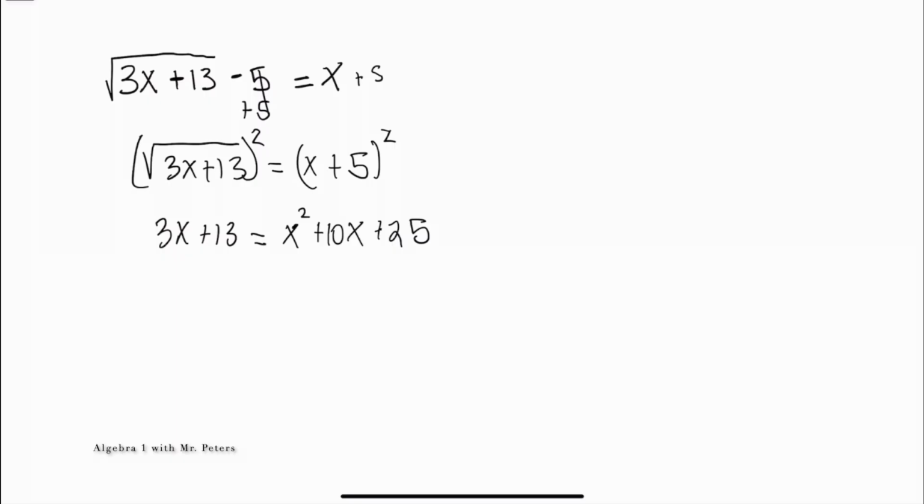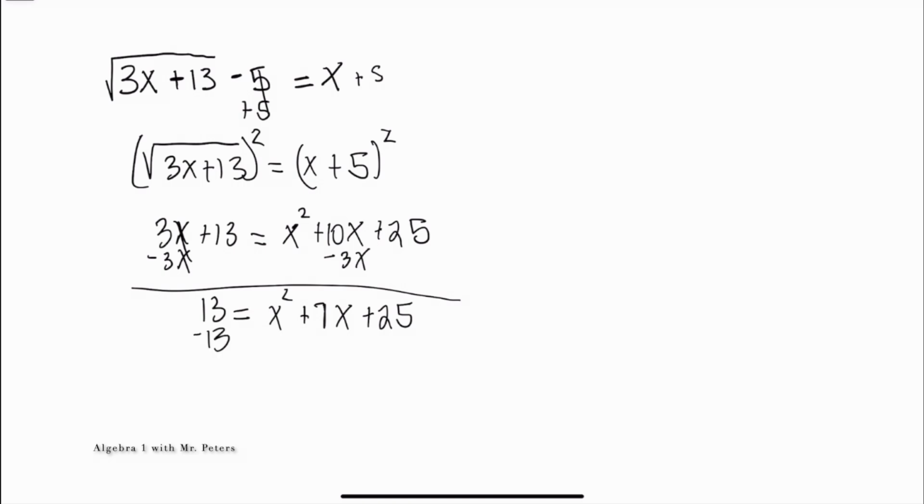So we're left with the quadratic equation. We're going to combine like terms, set the equation equal to 0. So we subtract 3x first. We have 13 is equal to x squared plus 7x plus 25.